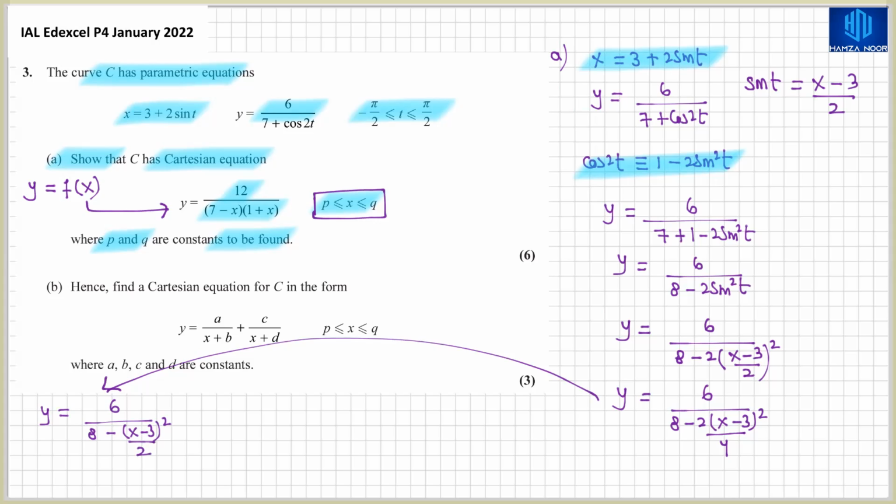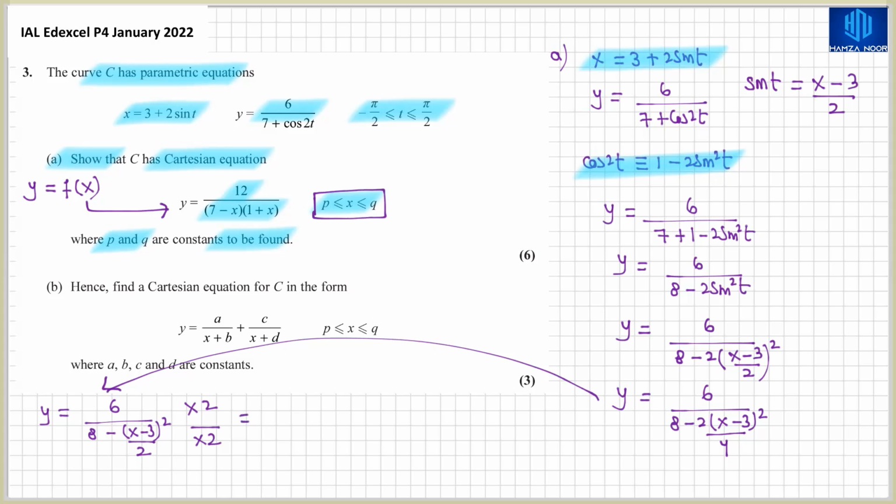Now you can take the LCM of the denominator of this fraction. You can express the denominator as a single fraction, and then do the simplification step. Or otherwise, what you can do here is multiply the numerator and the denominator of this fraction by 2. So this whole fraction, I'm going to multiply with 2 over 2.